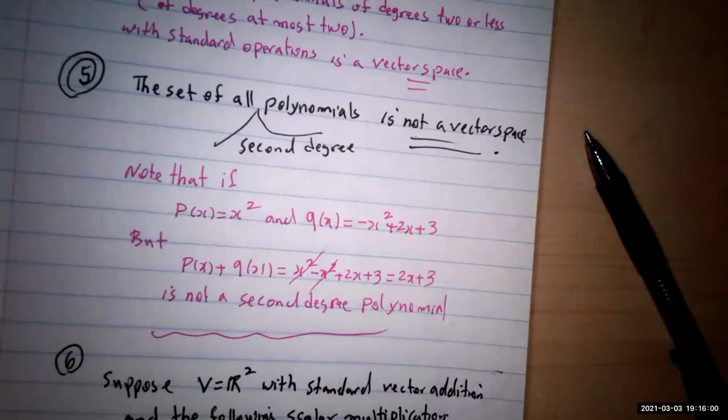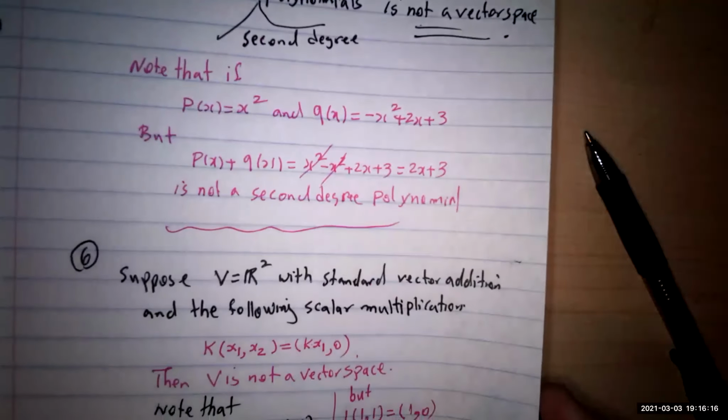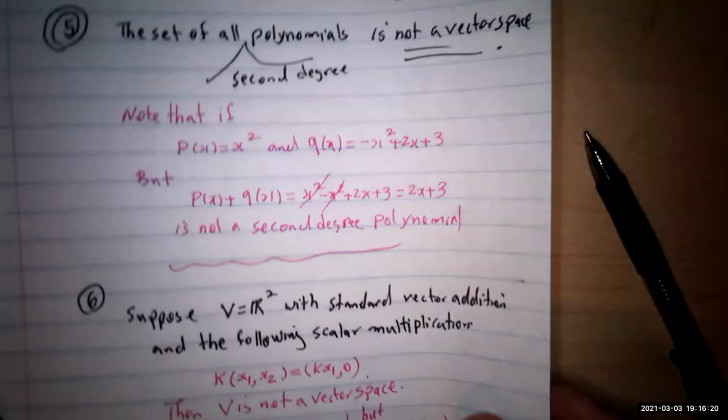So the subspace is just a subcollection of a vector space such that the subcollection by itself is a new vector space. And that's very important for us, because the vector space is too big. So in order to investigate it, we go with the subspaces.